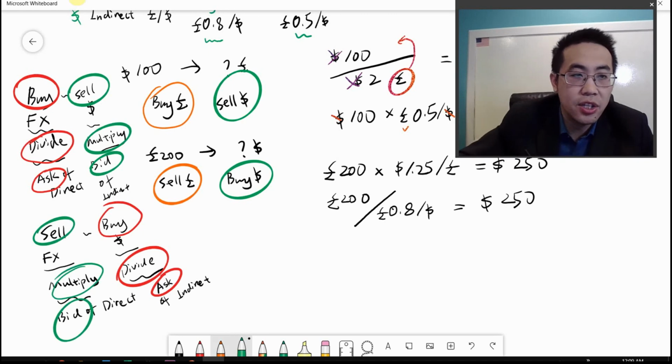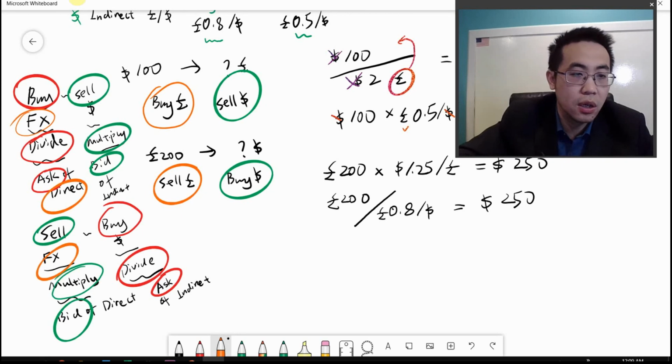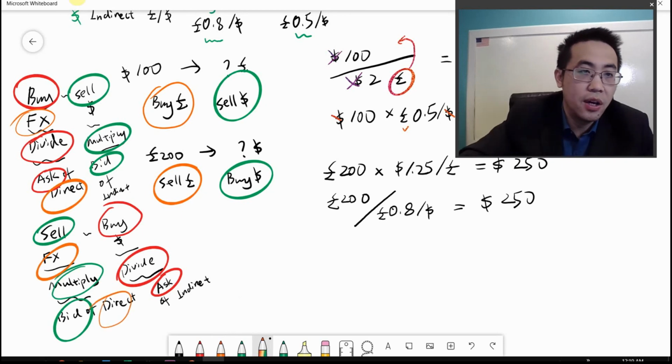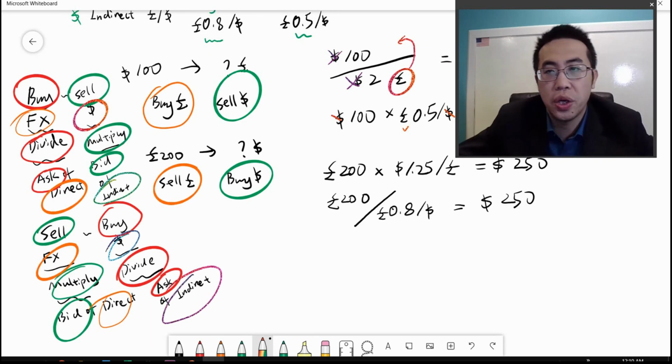The thing is, if you are dealing with a foreign exchange as the subject here, then you should use a direct quote. If you're dealing with a US dollar, then you should use indirect quote. It depends on how you treat the story.